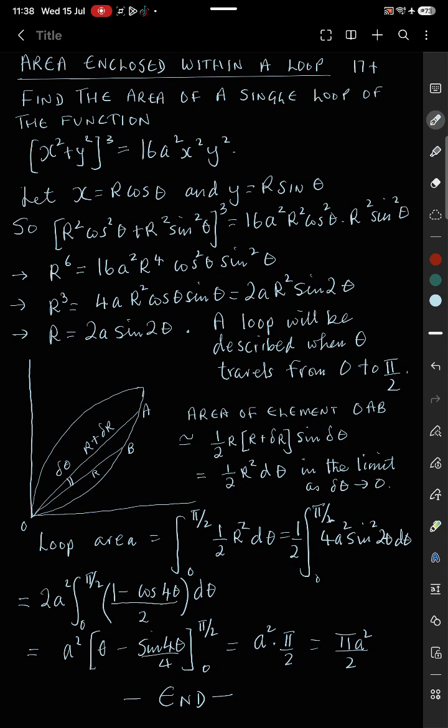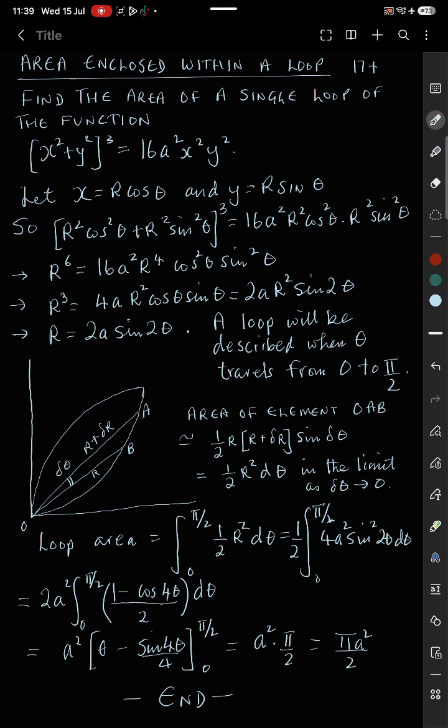So the loop area is the integral between 0 and pi upon 2 of 1/2 r squared d theta, which equals 1/2 integral between 0 and pi upon 2 of 4a squared sine squared 2 theta d theta, which simplifies to 2a squared integral between 0 and pi upon 2 of (1 minus cos 4 theta) over 2, integrated with respect to theta, so equals a squared (theta minus sine 4 theta upon 4).